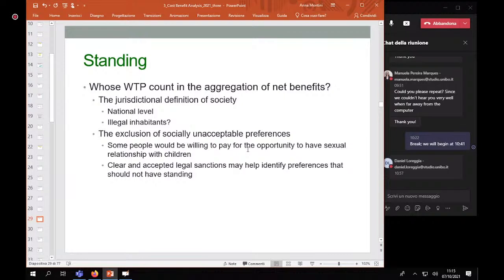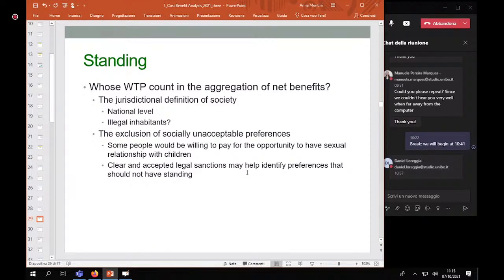For example, some people would be willing to pay for the opportunity to have sexual relationships with children. Do I have to consider this kind of people? Clear and accepted legal sanctions may help to identify preferences that should not have standing.